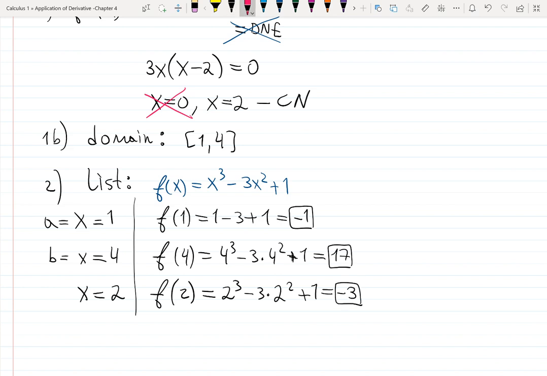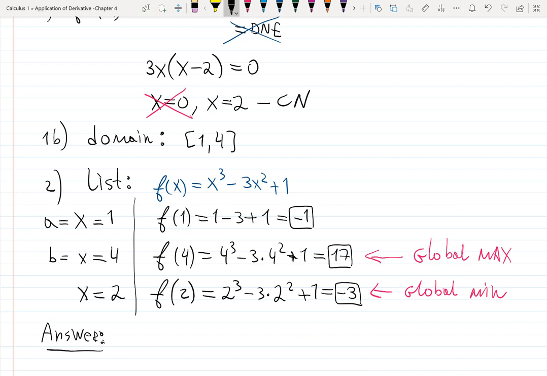Last step is the best one, because you just need to choose the winners. The biggest value is 17, so that one gives you global max. Global max found. The smallest value is negative 3, so that one gives you global min.